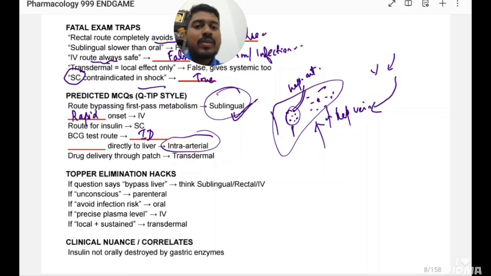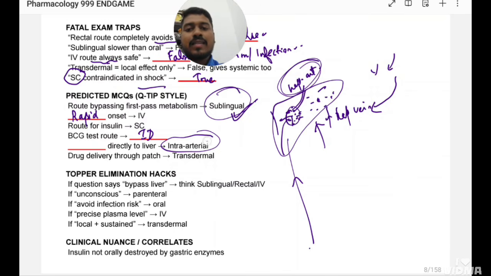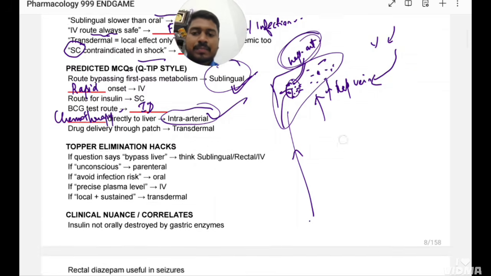But in this case, what we'll do is through the femoral artery, we'll insert a catheter and into the hepatic arteries, so that the drug through the hepatic artery goes into these tumors, because tumors are mainly dependent on the hepatic artery rather than the hepatic vein. So it will selectively kill the tumors, okay. So this intra-arterial route is directly to the liver. It is used in chemotherapy for liver tumors, okay.